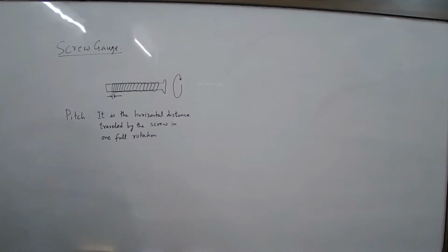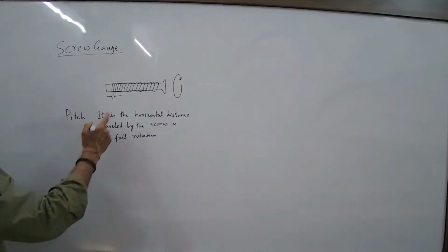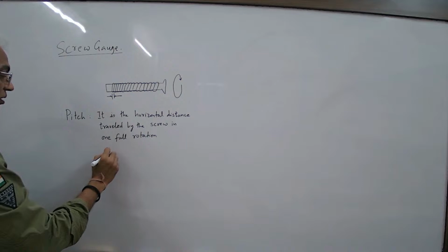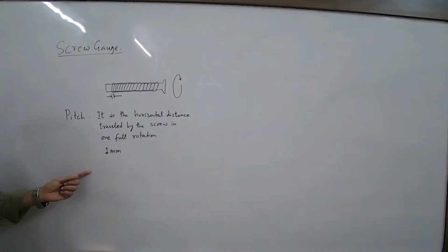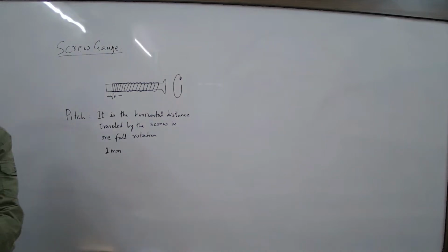On vernier scale, you had that also horizontal only with 10 divisions, right? Here on the circular scale, how many divisions you have? 100. Is that clear? Okay. So now you have understood what is pitch. Pitch is the distance traveled by the screw in one rotation. And it is generally 1 millimeter. In your book, what is the pitch given? 1 millimeter. Okay. So screw को ऐसे एक बार rotate किया तो 1 millimeter आगे जाएगा.